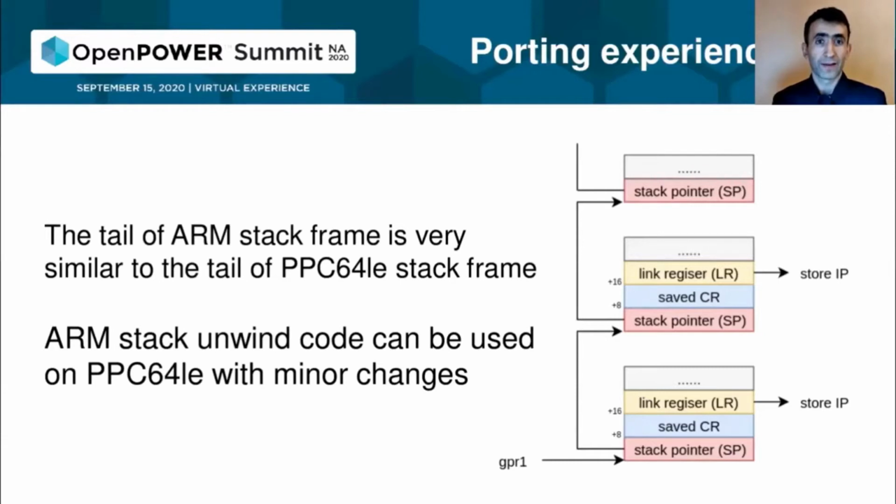I compared the tail of the stack frame for ARM and for PowerPC, and noted that they are very close to each other. So I dropped my code and reused the code for ARM with very small changes.